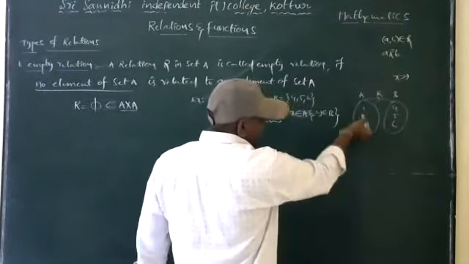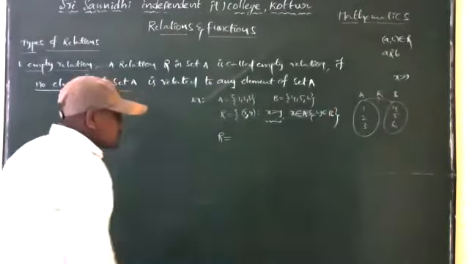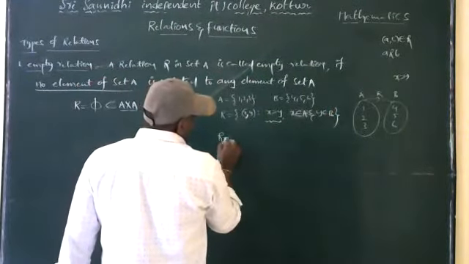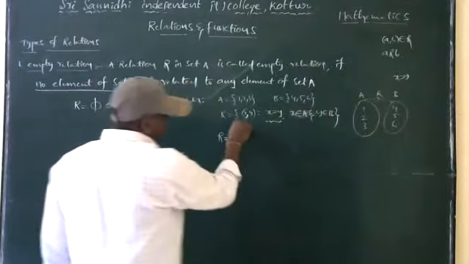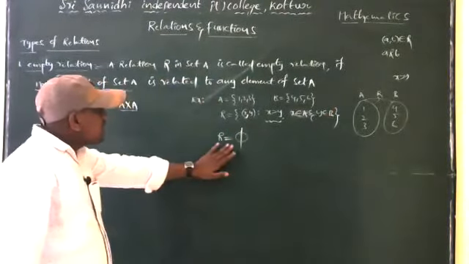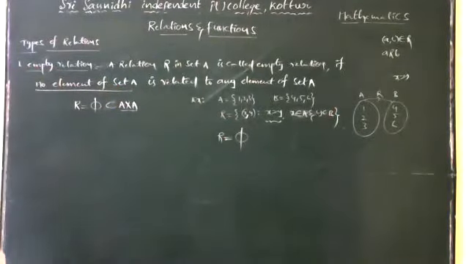Is there any chance? No. That's why for this relation there is no ordered pair. That's why R is equal to the null set. This is the example of the empty relation.